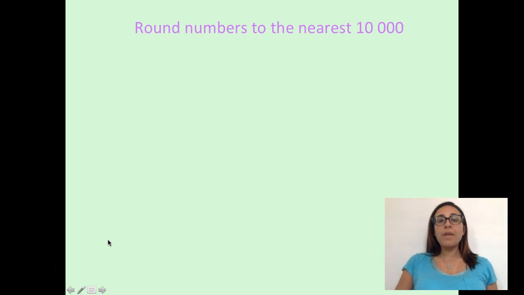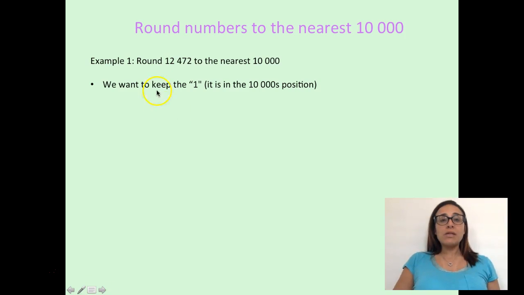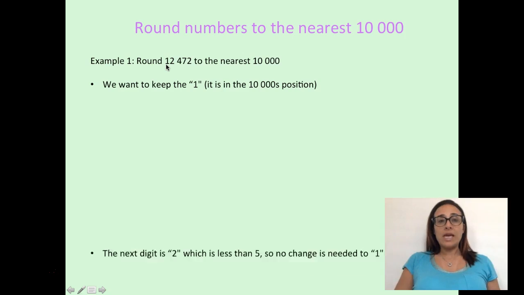And finally, we're going to be rounding numbers to the nearest 10,000. Example 1, round 12,472 to the nearest 10,000. So the number in the tens of thousands place value is the 1. That is the last number that we want to keep.